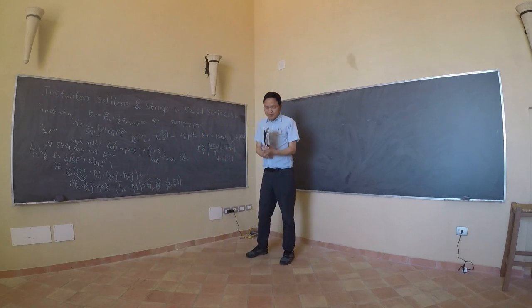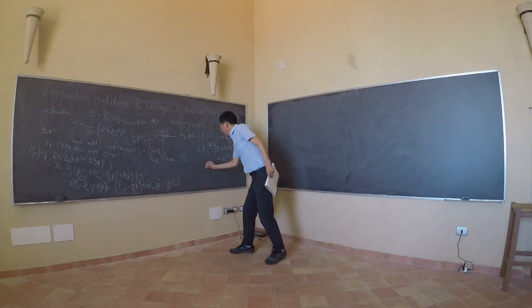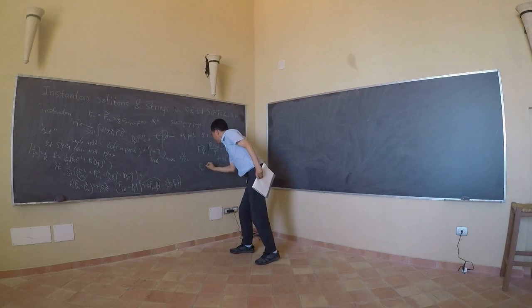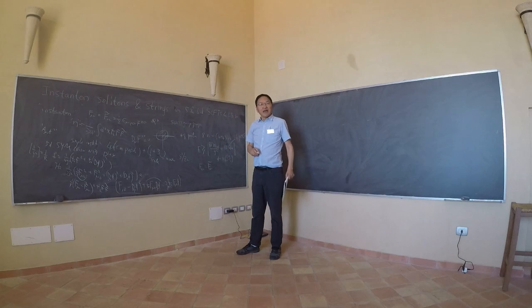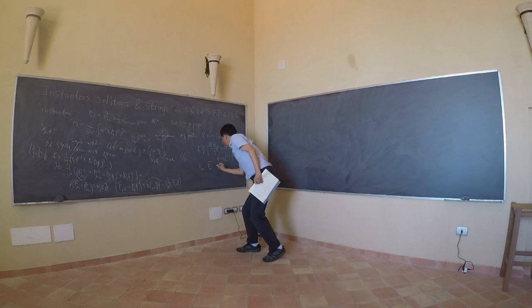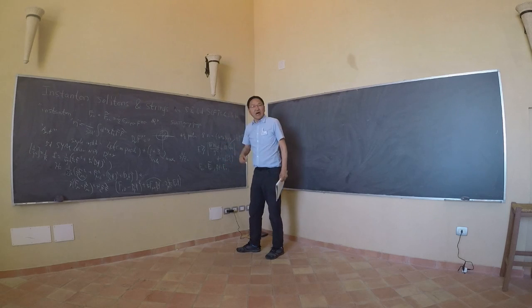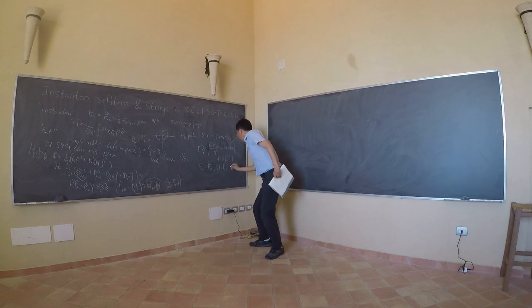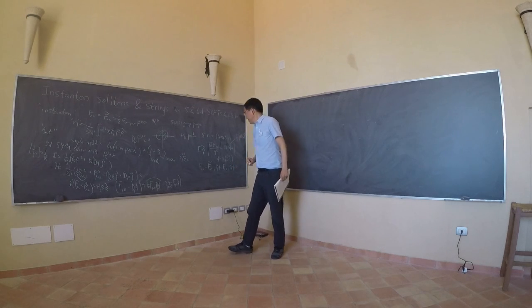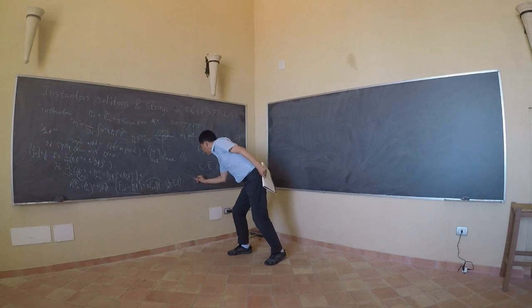So the BPS equation becomes F mu equal to F mu tilde, which is the equation for instantons, and then d mu phi is equal to F mu 0, and then there's Gauss's law, which has to hold as well.